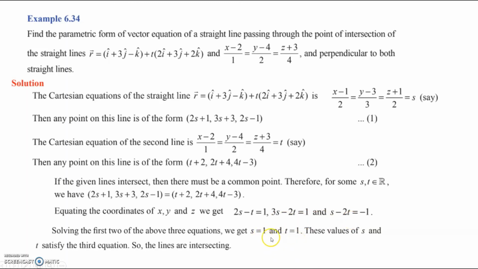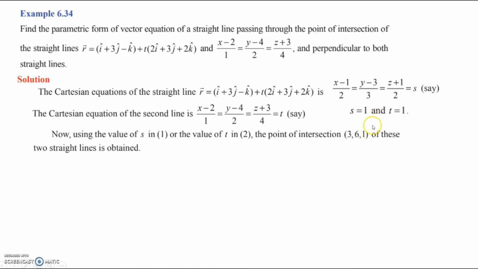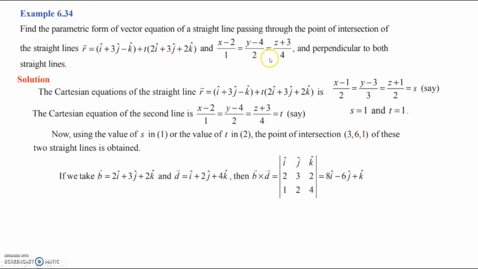Alright, then if we substitute the values of s and t into these points, you get your point as 3, 6 and 1. Alright, so now that we have this point, let's define the vector B and vector D.